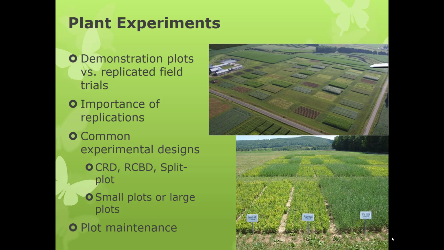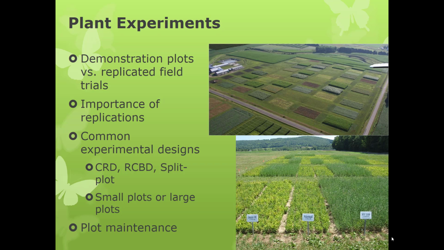If you're an extension agent, you may not need to publish in a peer-reviewed journal, but you may need to have some information about rice variety or alfalfa variety for the clientele in your county or your region. And a demonstration plot can absolutely give you that information without doing a full-blown study.